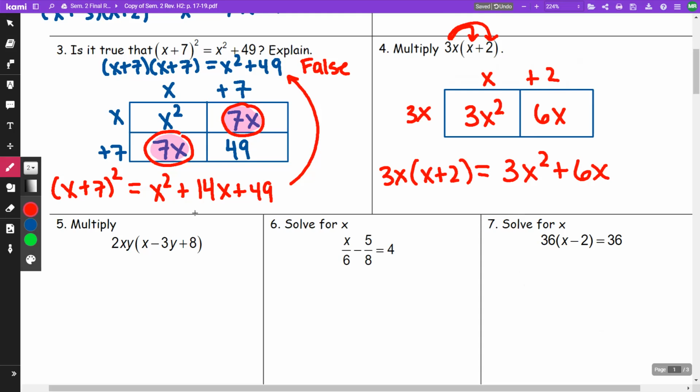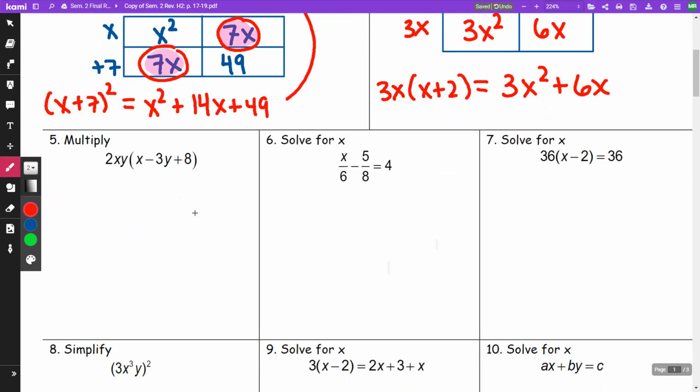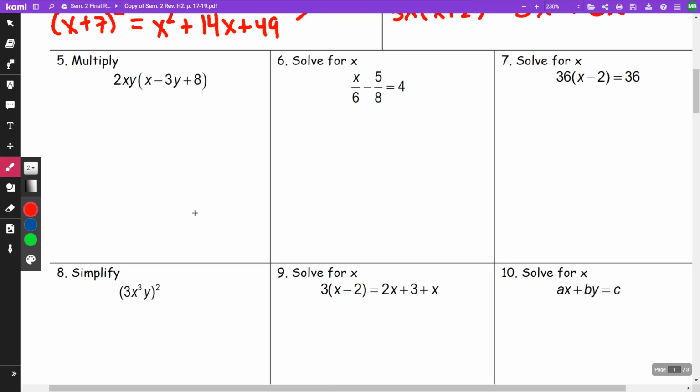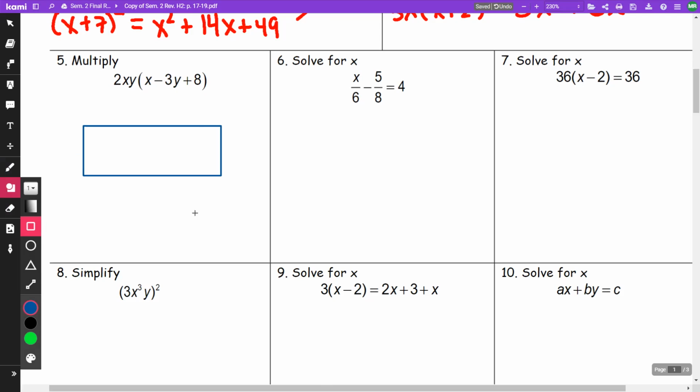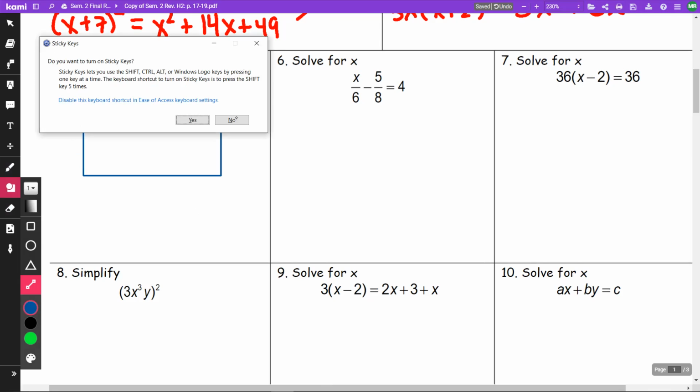On number 5, I can either do a box or I could also use distribution, whichever one you prefer.